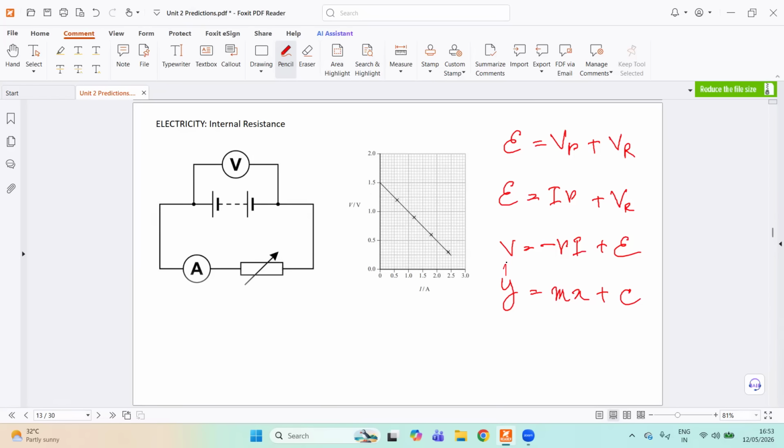So if I place V on the y-axis and I on the x-axis, the negative of the gradient gives the internal resistance, and the y-intercept gives the EMF. So just by looking at this graph, it should be very obvious that 1.5 is my EMF, and if you find out the gradient, that will give you the internal resistance.